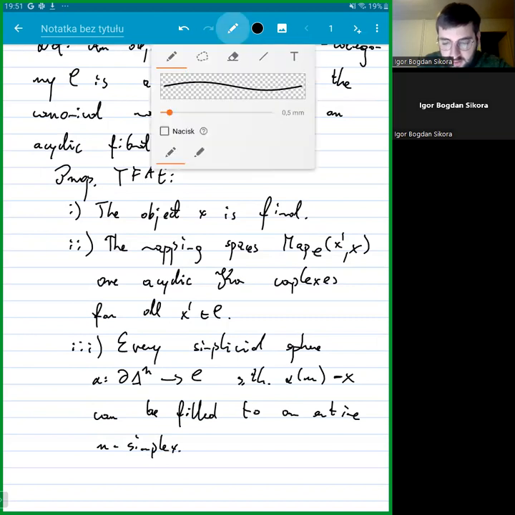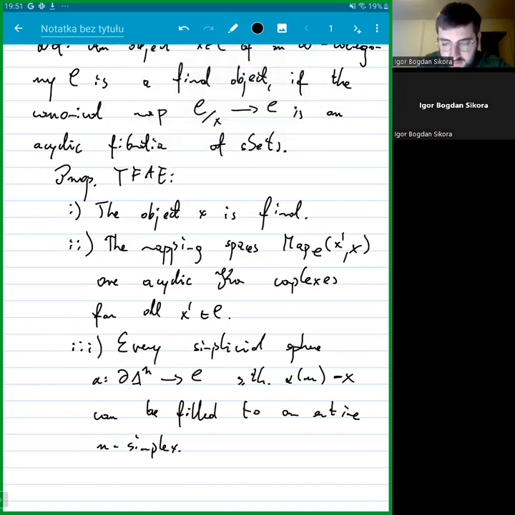So here in the second condition, we can see one of the ideas which occurs in the infinity categories. If we have a final object in usual category theory, then it is characterized by the property that from every object of our category, there exists a unique morphism to our final object.